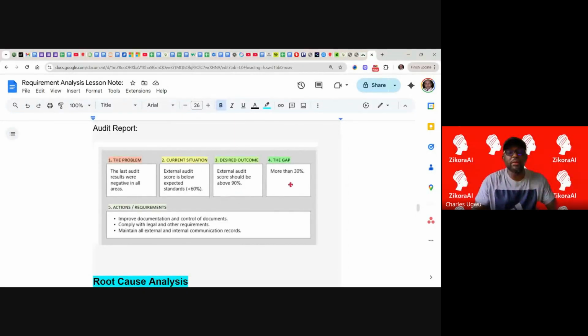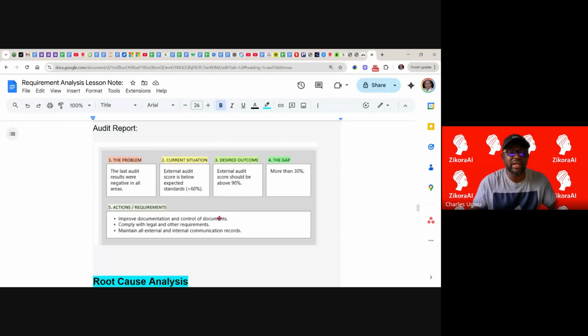So this is an opportunity for sales to improve. Sales need to find any way possible to hit the 90% expectation. Once they hit it, it means they must have increased their sales by 30%. That is a huge improvement for the organization.